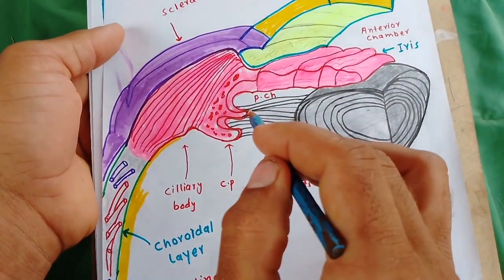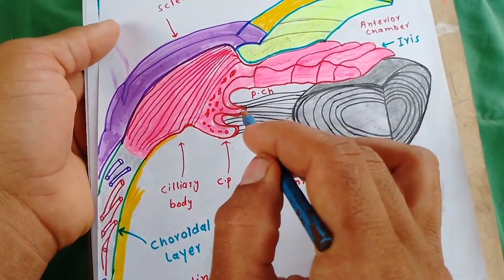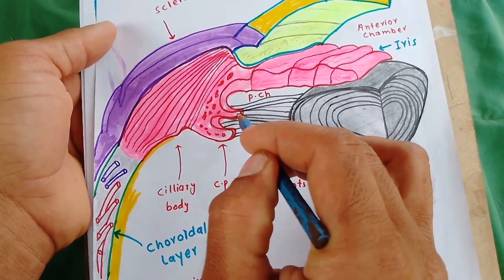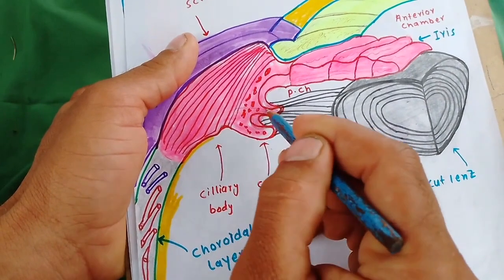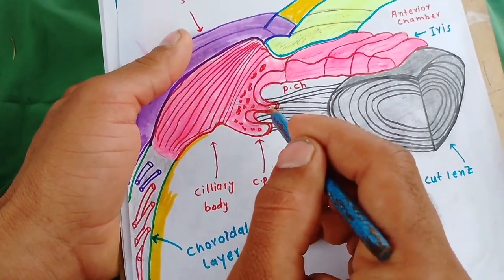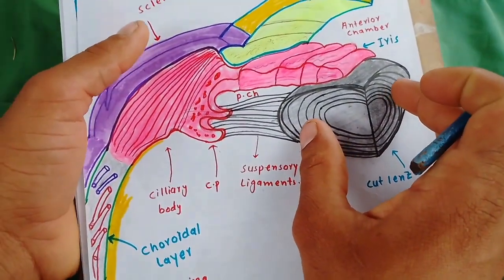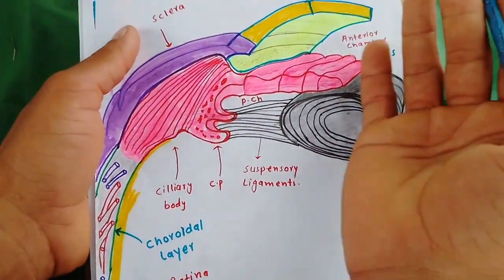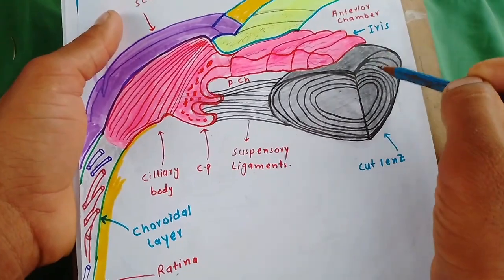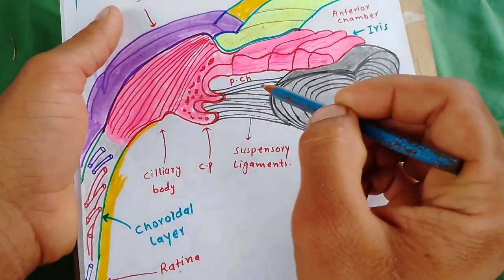The suspensory ligament is attached to the ciliary process. When this longitudinal muscle contracts and relaxes, it changes the shape of the lens. This is only a cut section; the lens is covered all over by the suspensory ligament.